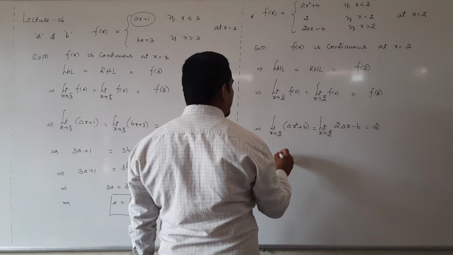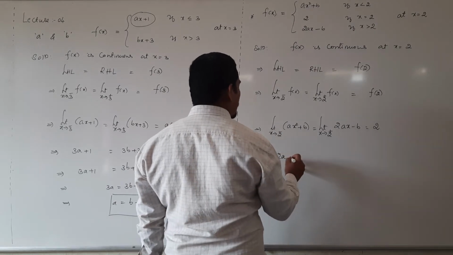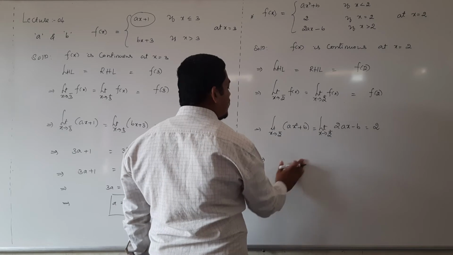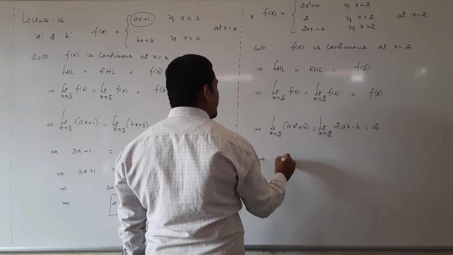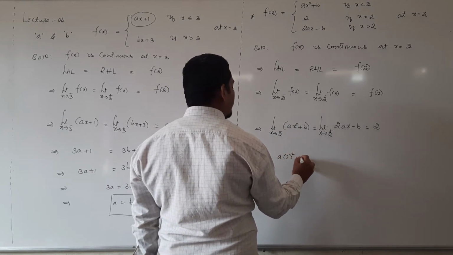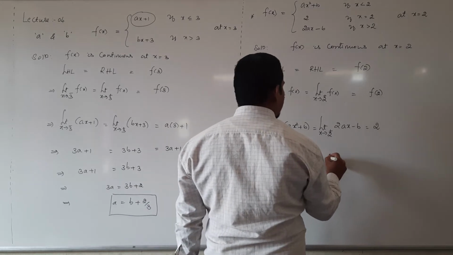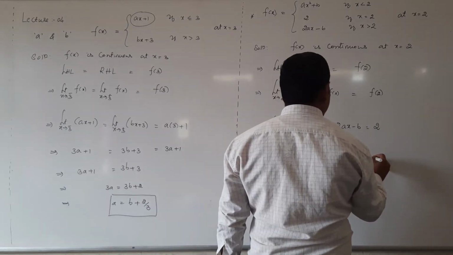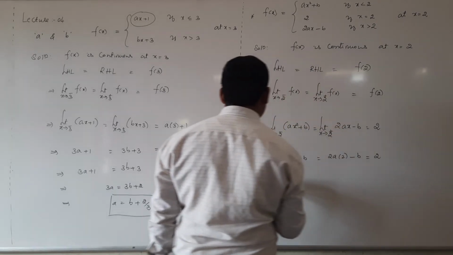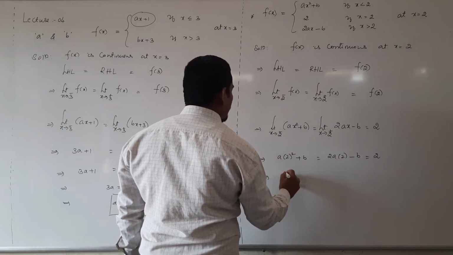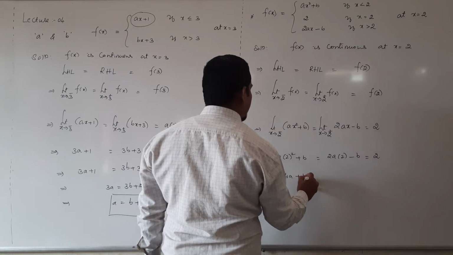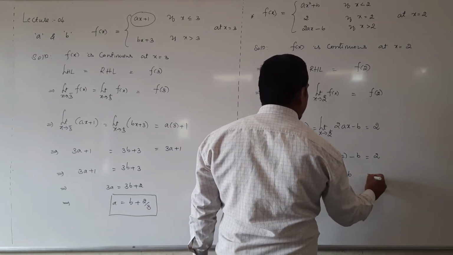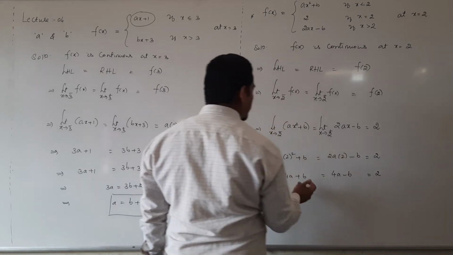Now put x value 2, then you get 4a plus b. Put x value 2 means a into 2 square plus b, that's equal to 2a into 2 minus b, that's equal to 2, means 4a plus b is equal to 4a minus b equal to 2.